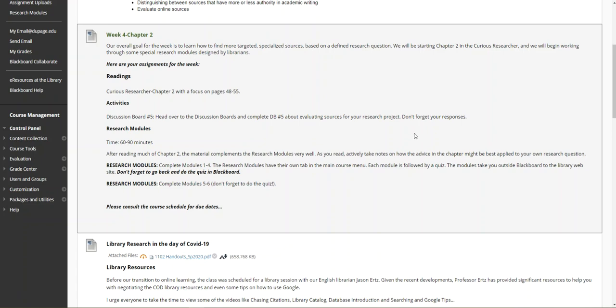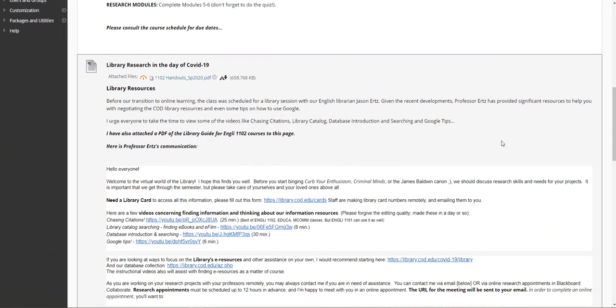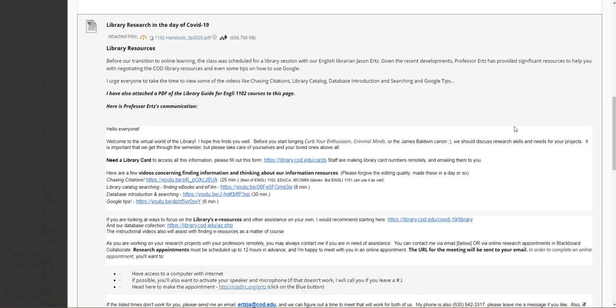Now, one thing I want to point out is that I have a rather lengthy library research page here about using our library. I call it Library Research in the Day of COVID-19. This was an interesting page and an email put together by our English librarian at COD, Professor Jason Ertz. I've worked with Jason for years now.